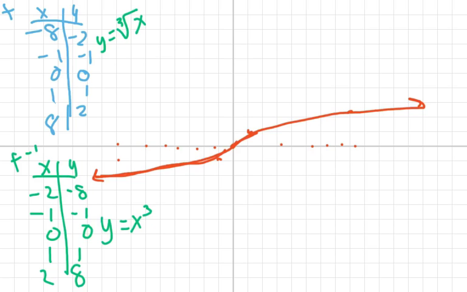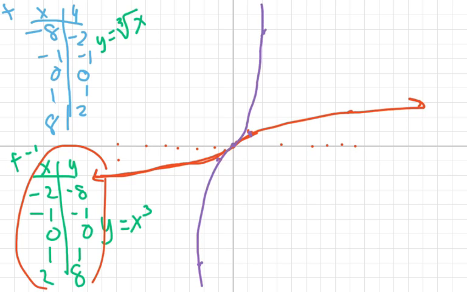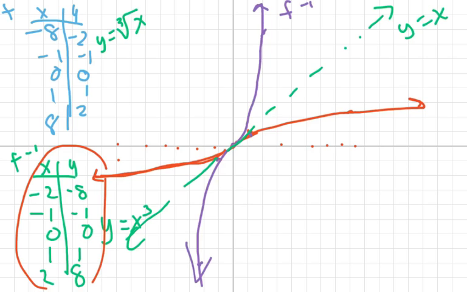All right, the cube function, if I graph that, is going to be this. 2 goes to 8. And we already graphed this in a previous video. Okay, so this is the inverse. All right, and you should notice that this reflects over the y equals x. Okay, and we didn't have to restrict it because it was a one-to-one function.